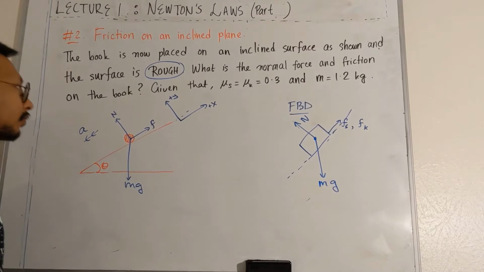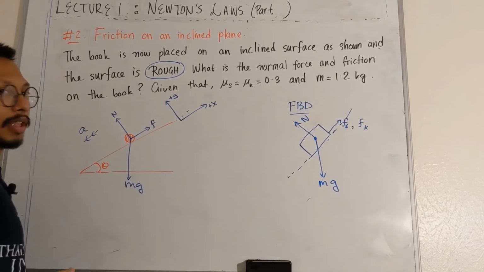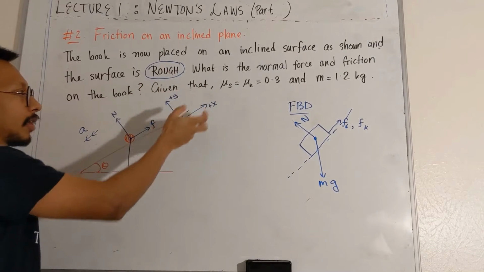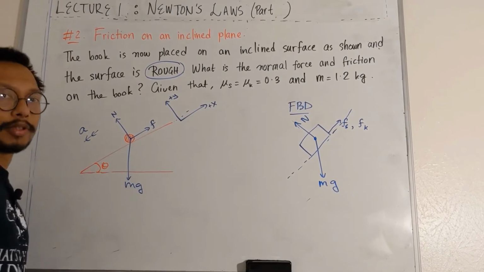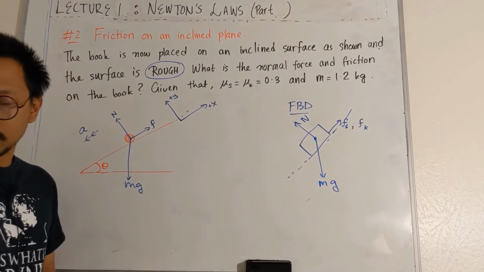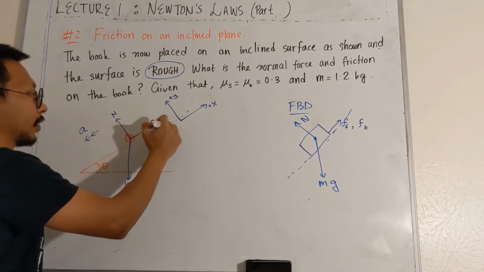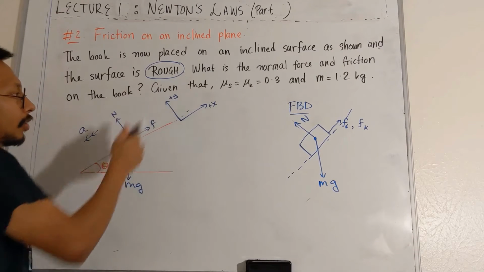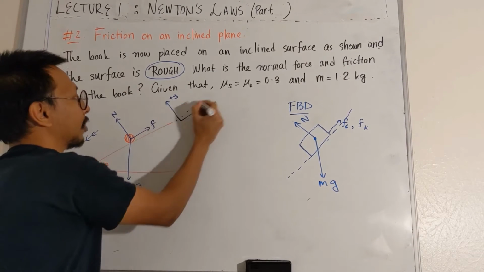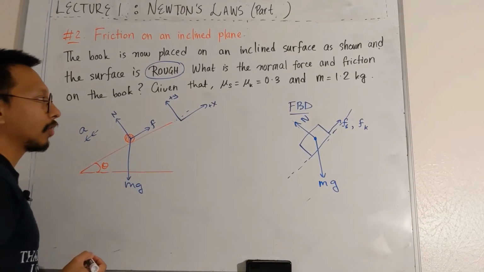All right, our next job is to break down forces that are not along our chosen axis into their components. Let's see which of these are not along our chosen axis. Friction is up along the slope, so it is parallel to plus x, so we don't need to break friction down into its components.